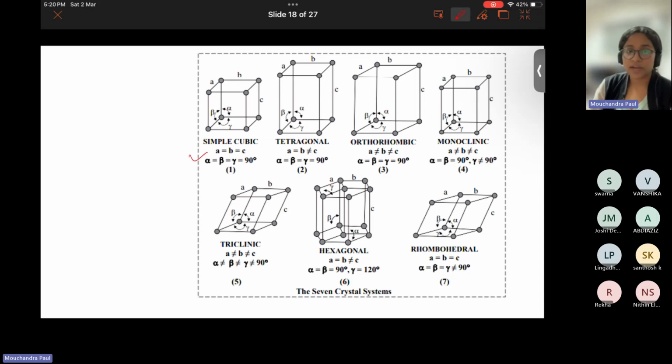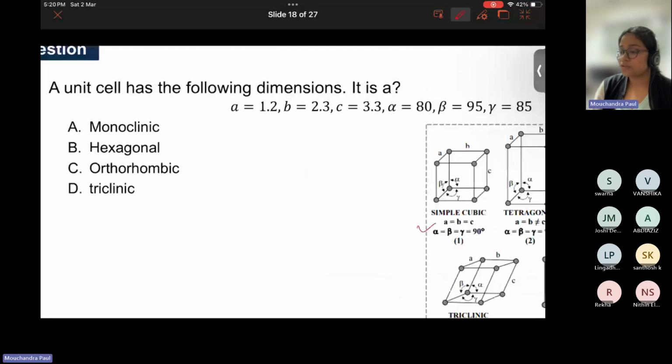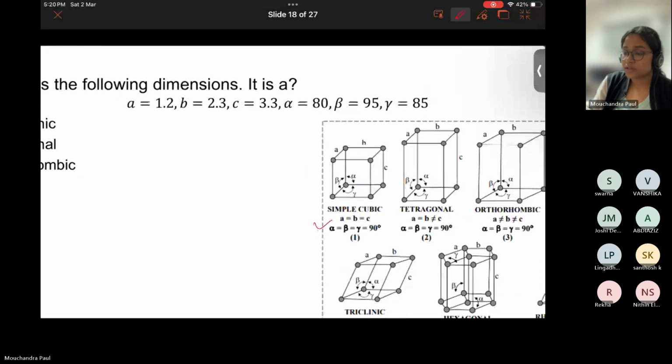For example, for cubic, A, B, and C will all have equal values, whereas alpha, beta, gamma will be 90 degrees. If these two criteria are fulfilled, then the unit cell is of simple cubic nature. Similarly, you can define it like that for all 6 types of crystal system. Now you see the values. A is 1.2, B is 2.3, C is 3.3.